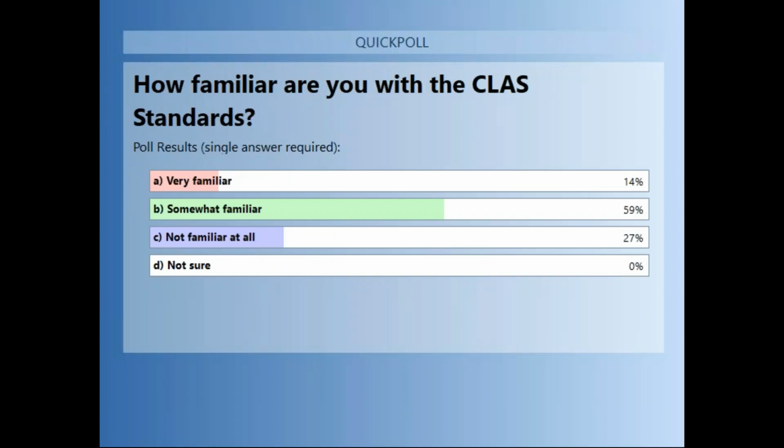All right, I'm trying to make my screen so I can read this. Okay, I think the results are all in. The majority of you are saying that you're somewhat familiar, about 59%.